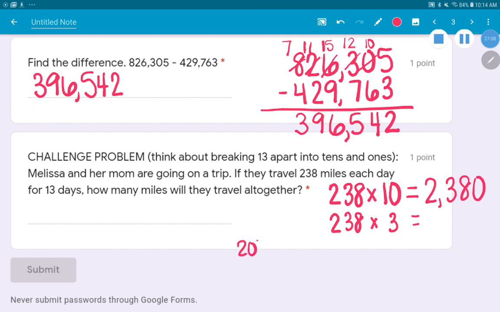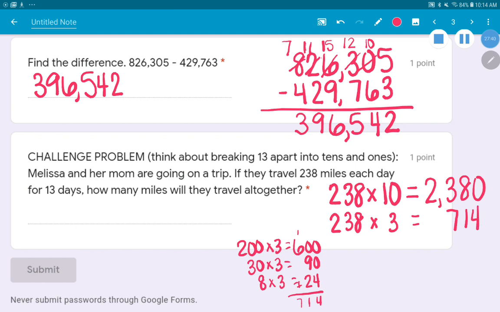So 200 times 3 is 600. 30 times 3, 90. And 8 times 3 is 24. So now we add those together. 0 plus 0 plus 4 is 4. 9 plus 2 is 11. And 1 plus 6 is 7. So we have 714.